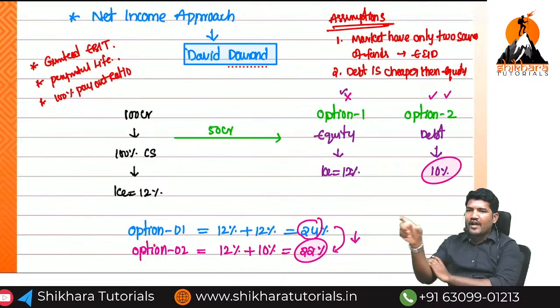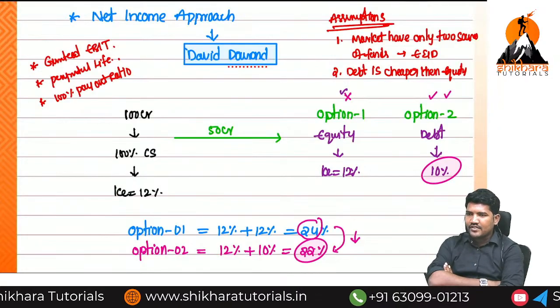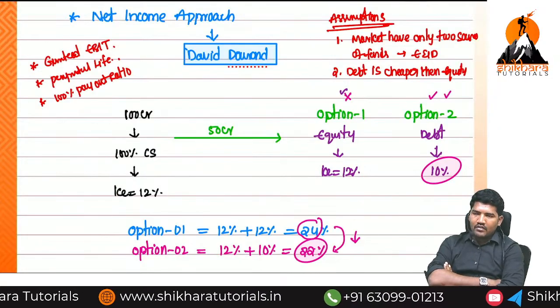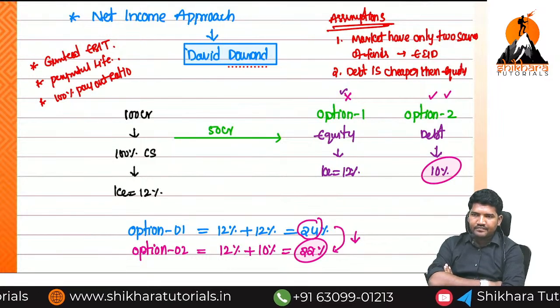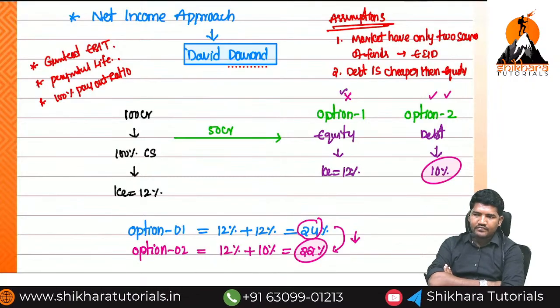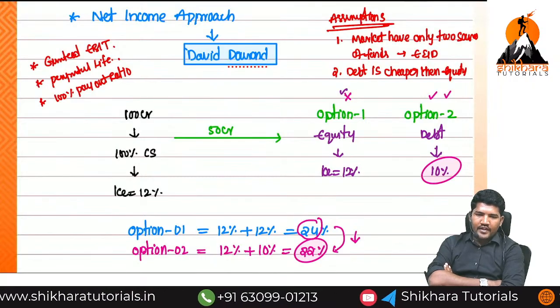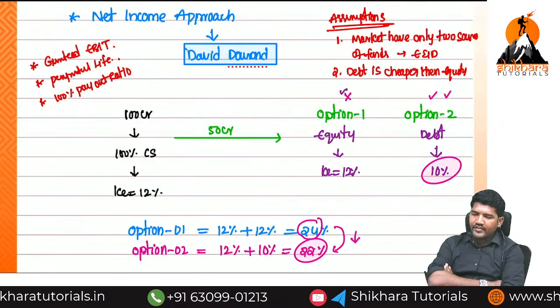That related point we already recorded first: debt is a cheaper fund. Now, comma, if KO decreases, the market value of the firm increases.